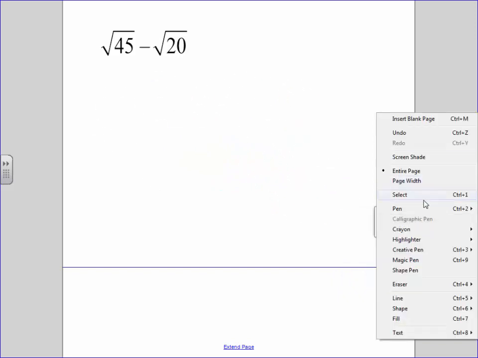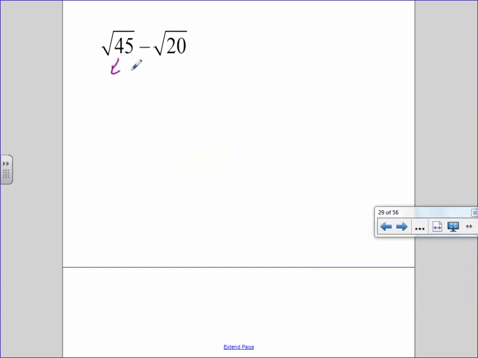What numbers multiply to give 45? Okay, 5 and 9. We want the 9 because its square root gives me a 3. What multiplies to give 20? We want the 4 because its square root gives me a 2. Hey, hang on a sec here.